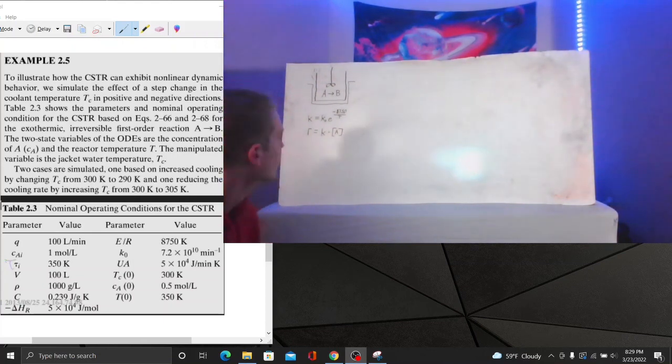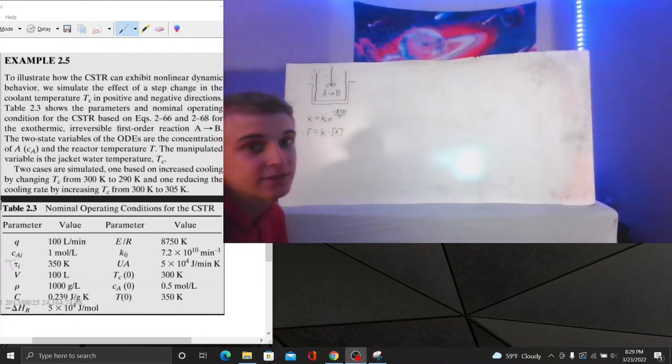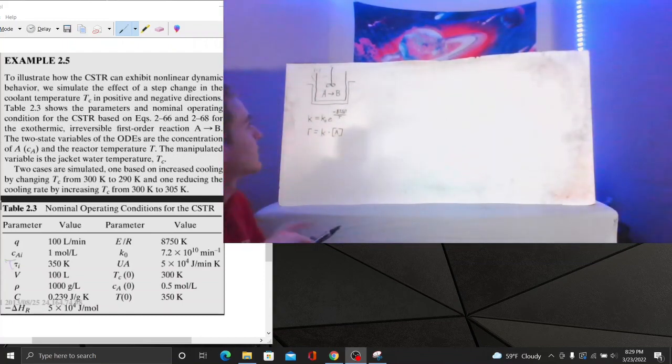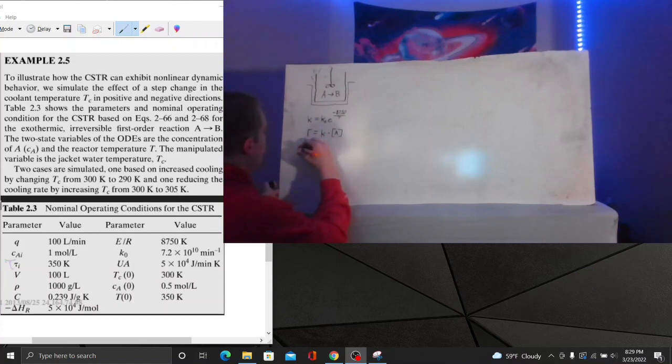And then now we just need one final equation before we can start writing our differential equations. And this equation is going to be finding the amount of heat transferred from the reactor to the coolant.